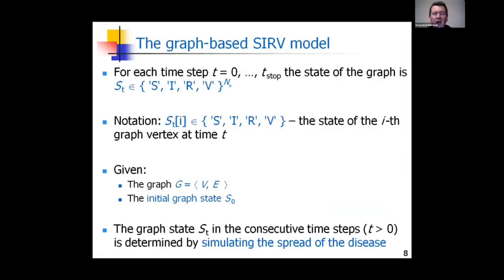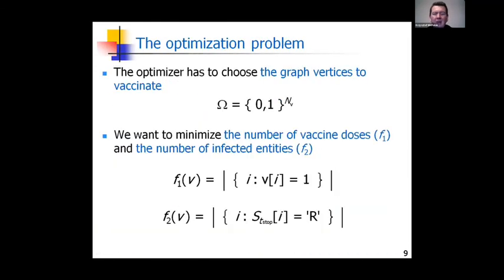If you have a vector from this binary space, the search space for the problem, you may see that there are as many elements in this vector as vertices in the graph. So the first element in the vector is one of the vertices, and another one is the next one and the next one. And if the value in the vector is 1, it means that this particular vertex is vaccinated. So for each solution, each position in the vector corresponds to a particular vertex in the graph.